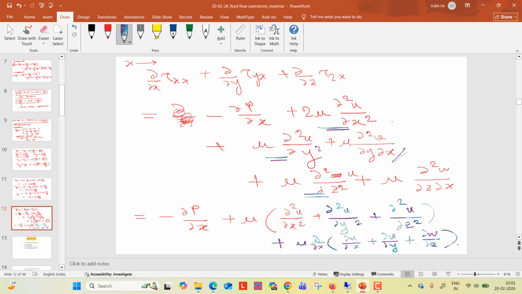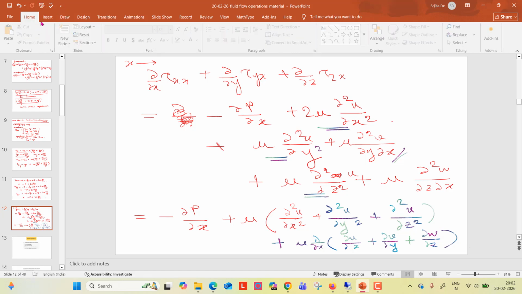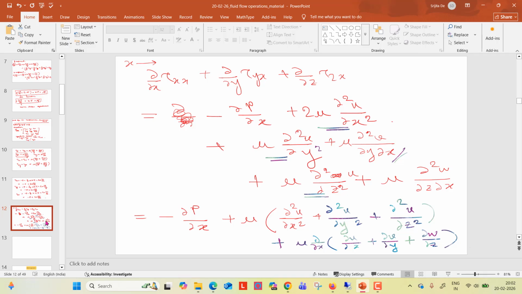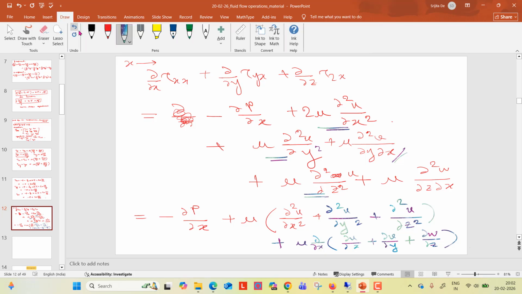Now again, in this case, we already know, if you observe very carefully, that this term, if you remember, is nothing but your continuity equation, right?